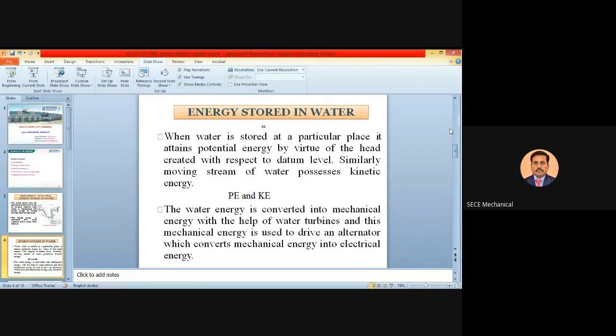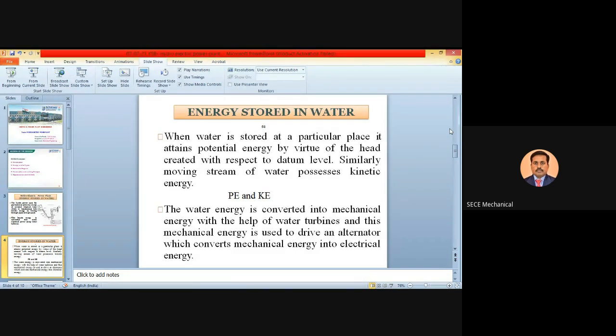Similarly, a moving stream of water possesses kinetic energy. So when you allow the water to flow from a high position to a low position, the water moves at high speed, so the pressure energy of the water also increases.